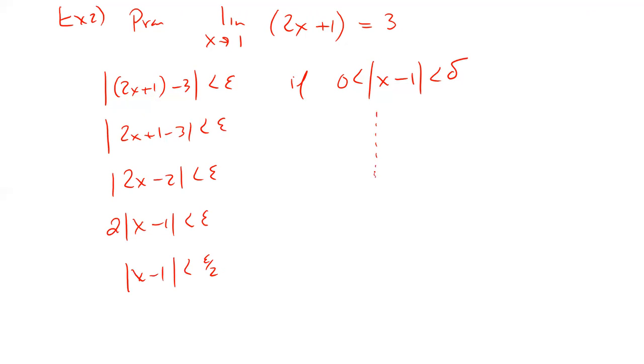I can bring this all the way down. And then I need to get delta still to be less than that. Good. So my pick is any delta that's less than epsilon divided by 2. Okay, are we good there?